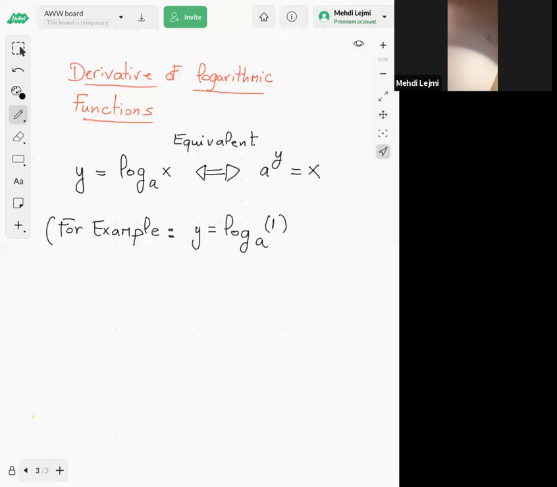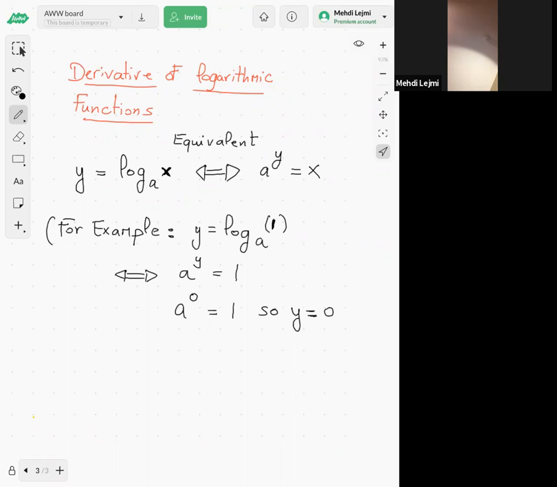Well, by definition, this is equivalent to a to the power y equal to x. Here's your x here. So x is 1. So a to the power y equal to 1. So then what will be y? Well, that y would be 0, right? Because a to the power 0 is equal to 1. So y is equal to 0.